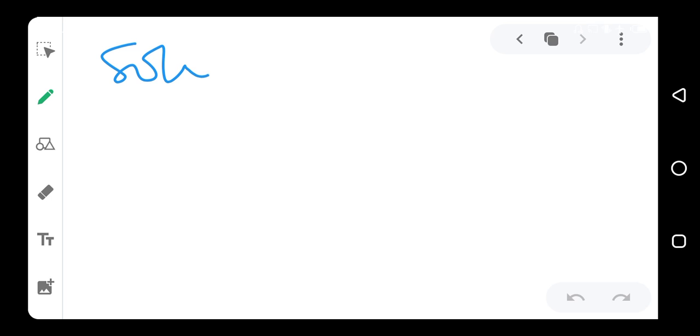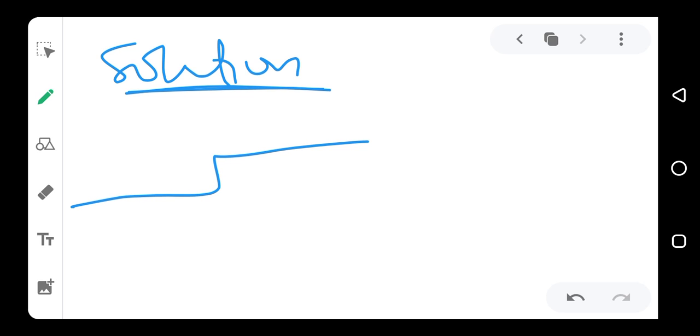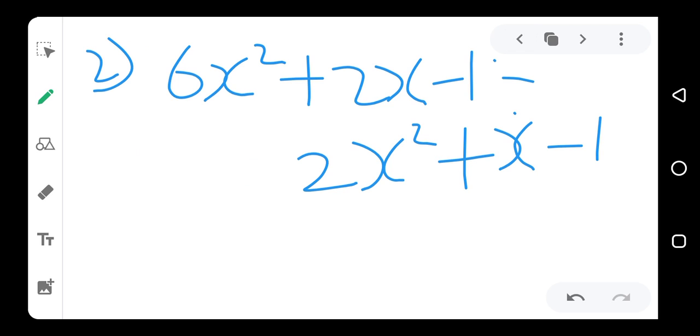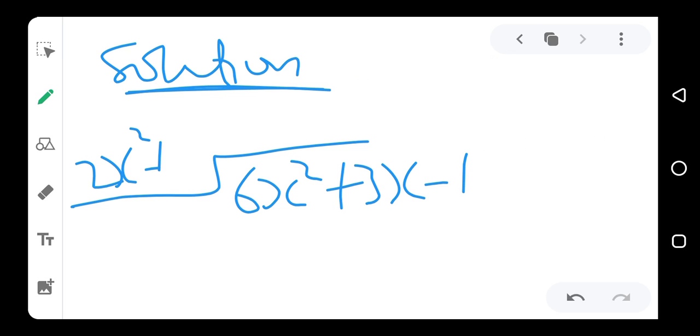So, the solution. We create the column: 6x raised to power 2 plus 3x minus 1, and the divisor is 2x raised to power 2 plus x minus 1.